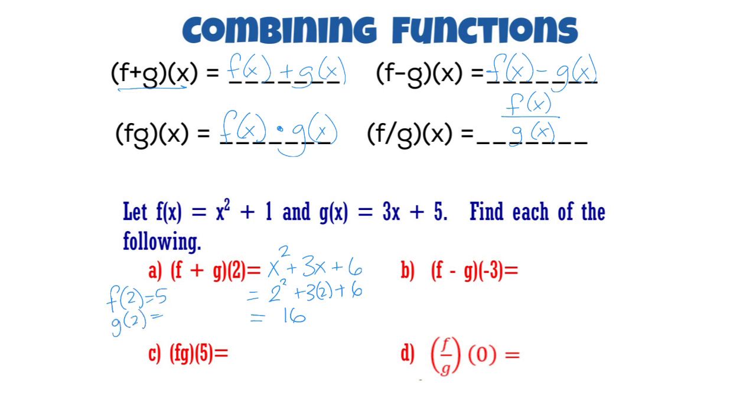G of 2 would equal, let's look at what would happen there. When I put a 2 here, that'd be 6 plus 5, which is 11. And then if I add f of 2 plus g of 2, you can see right there I'm going to get 16. So either way you want to do it, doesn't matter to me.